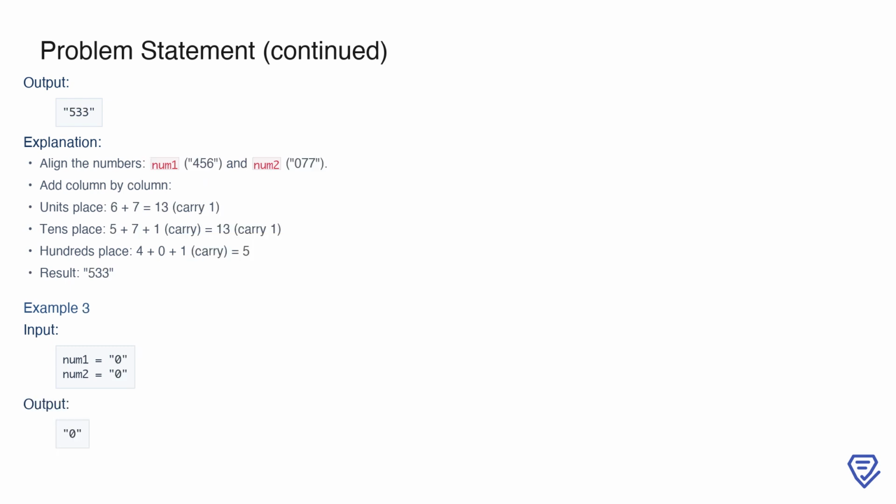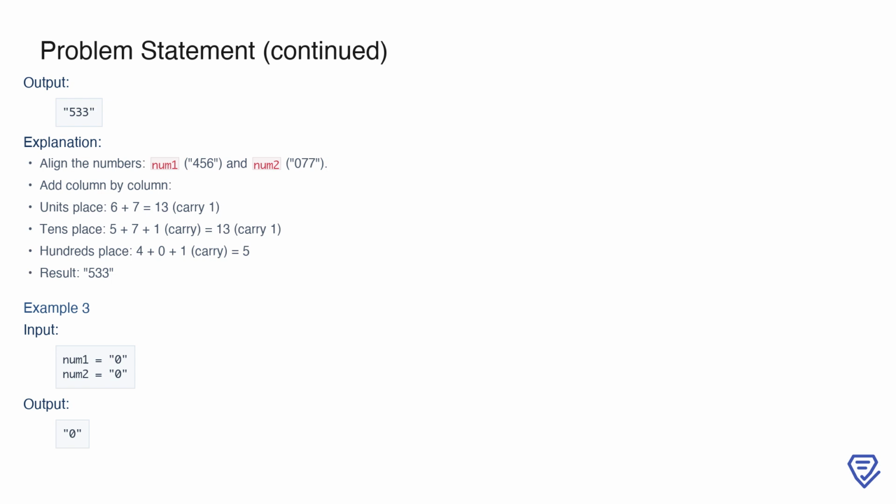In the second example, the inputs are number 1 equals 456 and number 2 equals 77. To add these numbers, we again align them by their least significant digits. This means number 2 becomes 077, while number 1 remains 456. Starting from the rightmost column, the units place gives 6 plus 7, which equals 13.